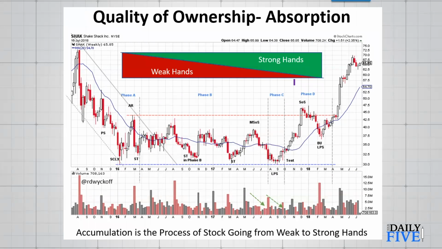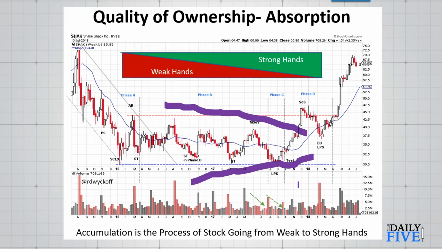Not all stocks that are in trading range are under accumulation. This is very important. But as we can see here, there are attributes of accumulation that take place as we go from phase A to phase E, which is the beginning of a new uptrend. Part of what happens during accumulation is stealthily, the volatility tends to come out of a stock because there's less and less of it to buy.